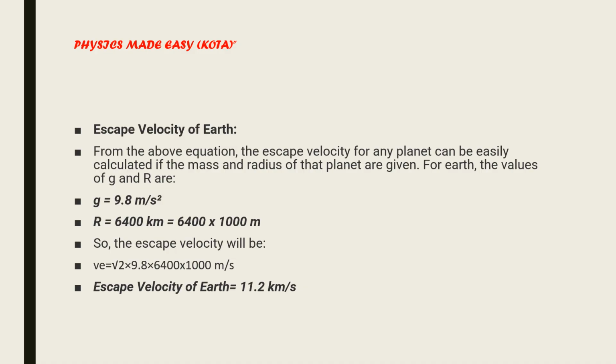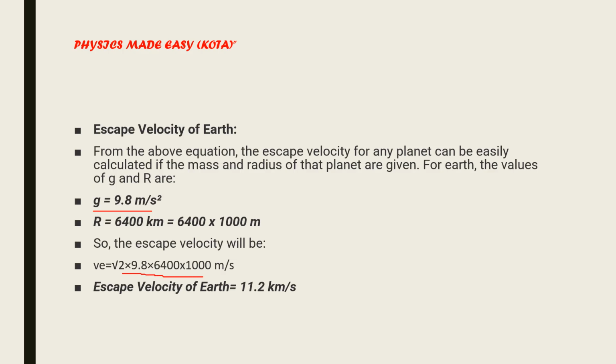As we know, the equation for the escape velocity is v equal to the square root of 2gR. We know the value of small g, that is acceleration due to gravity, is 9.8 meters per second squared. We are aware of the radius of Earth. So put both these values in the expression for the escape speed.